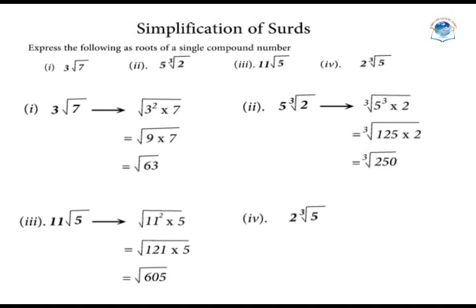Finally, 2 cube root of 5 is equal to cube root of 2 cubed times 5. That is equal to cube root of 8 times 5, and that gives us the cube root of 40.